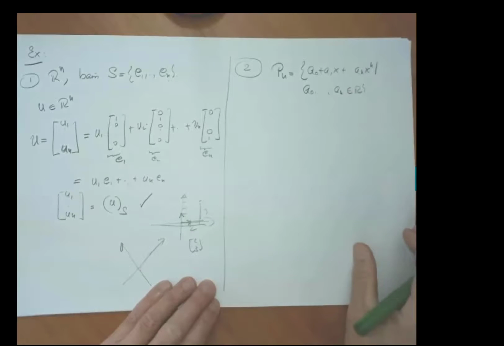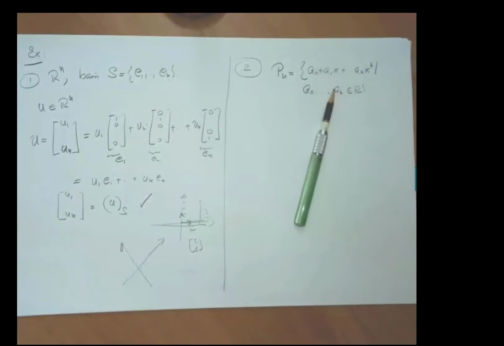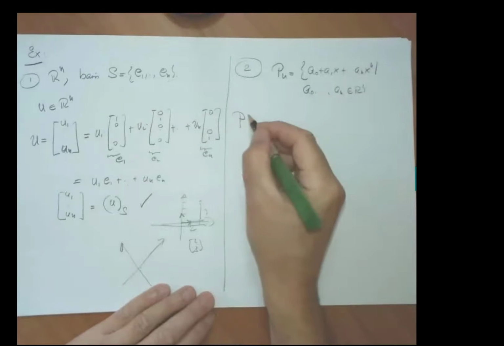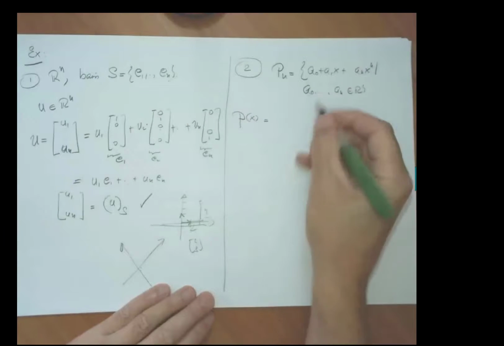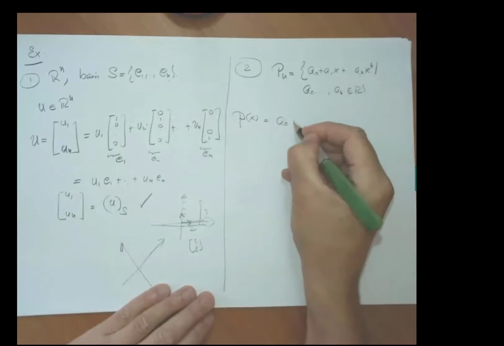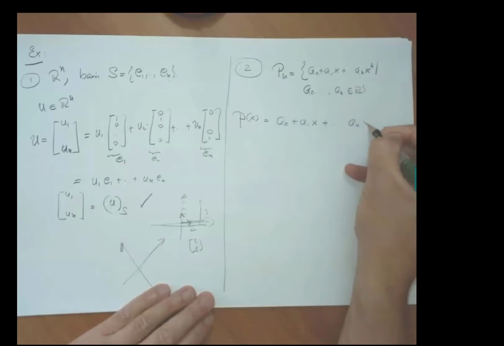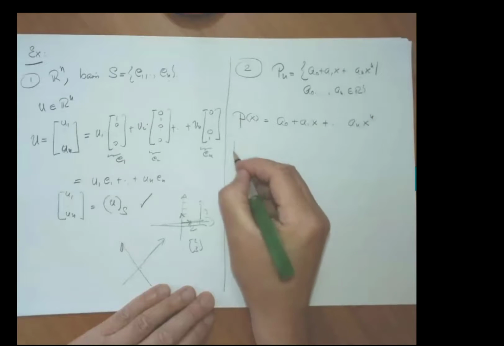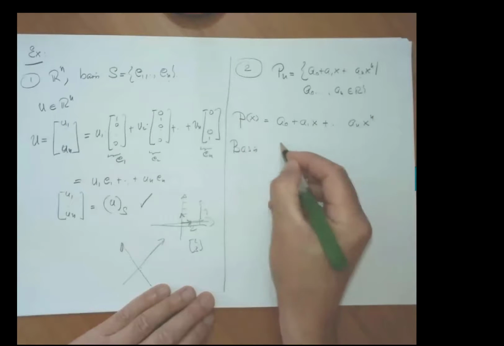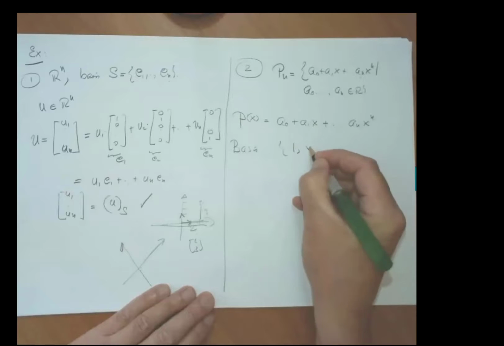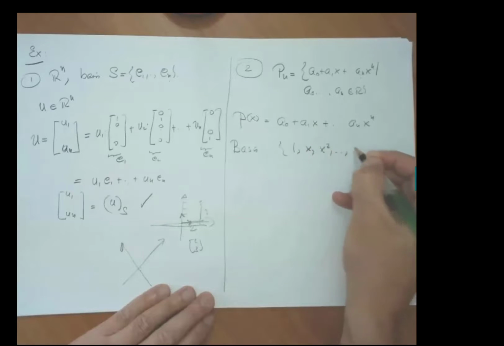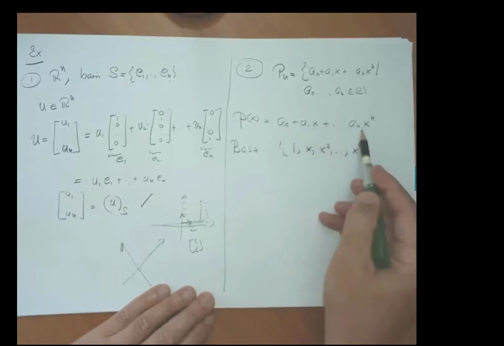Now if you have a polynomial p of x, it can always be written like this. And we have the basis, which we just said in the previous example, is 1, x, x squared, up to x to the power of n. Then we see these are just the coefficients.